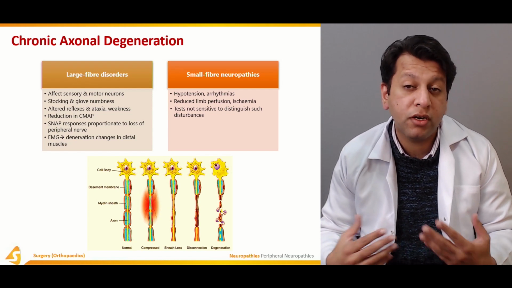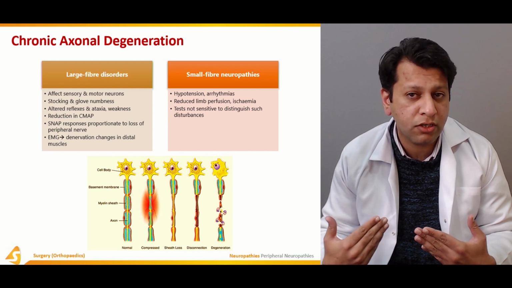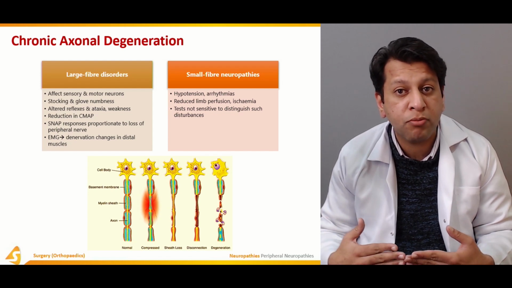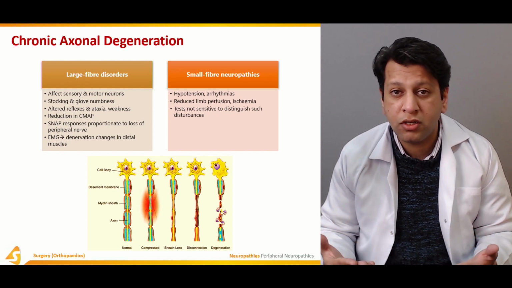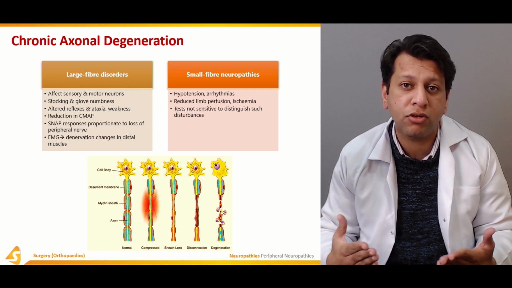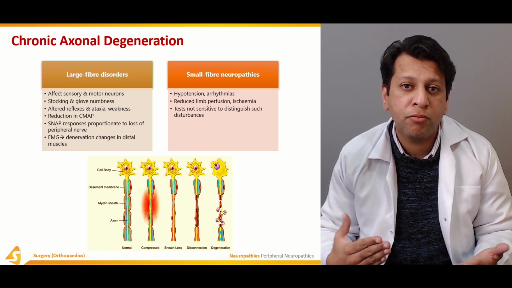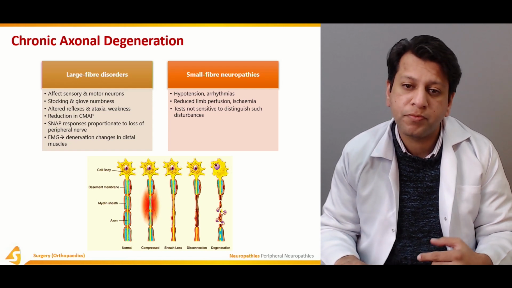So sometimes it is very difficult to diagnose whether the problem is with those fibers which are carrying the sensations, or with those fibers which are providing vasomotor reflexes to the vessels, so that they can either constrict or dilate, depending on what kind of response is needed to the external stimuli.